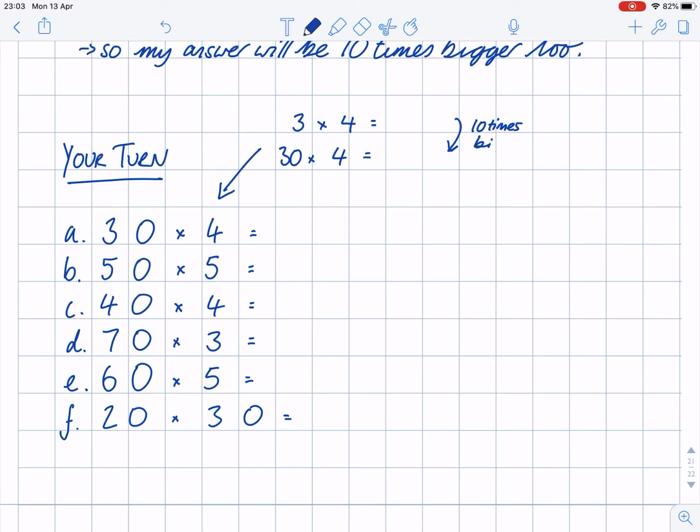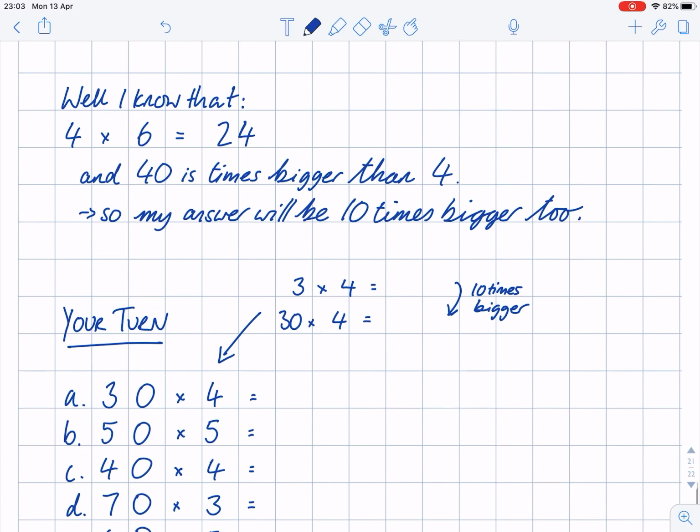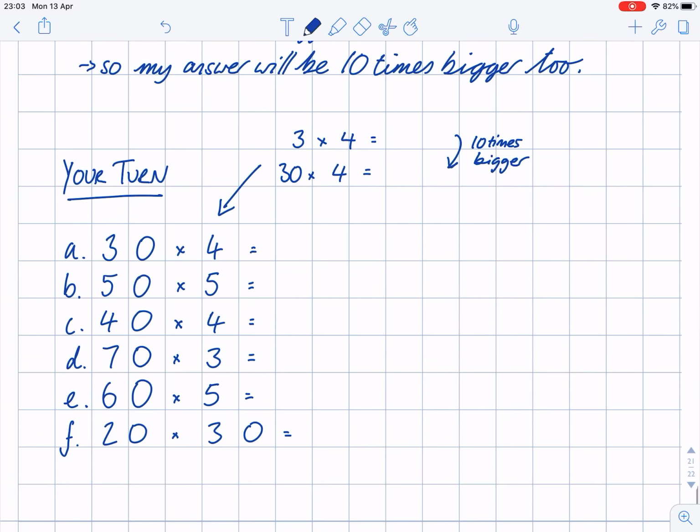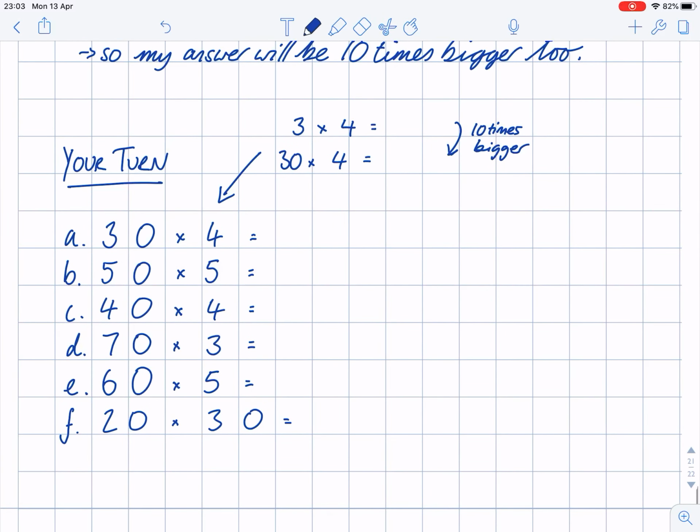Multiply it by 10. Which is what we did up here. 4 6s are 24. 40 times 6 is 240. So I've given you a little clue for the first one. Press pause now. Have a go at working them out and press play when you want to go through the answers, please.